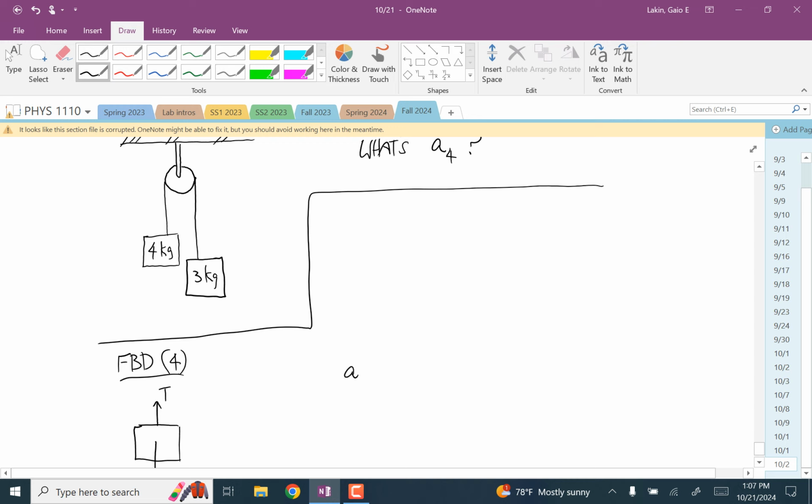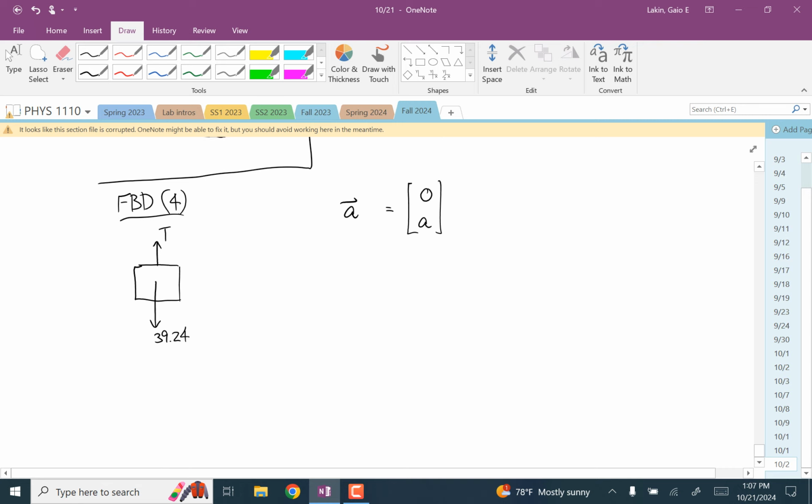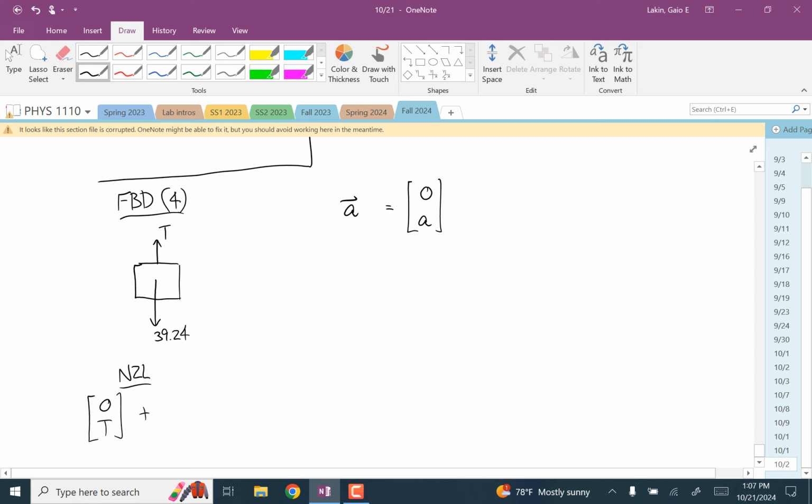Y, so our acceleration vector is just 0a. Newton's second law says 0t plus 0, negative 39.24 is equal to 4 times 0a.